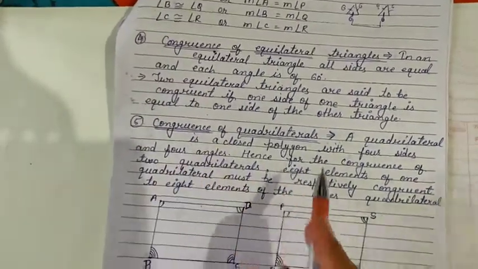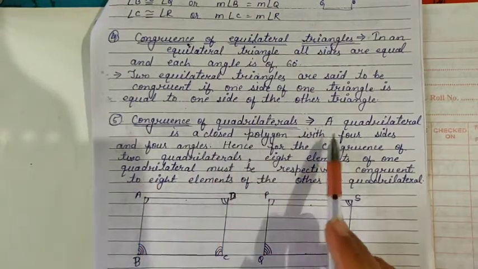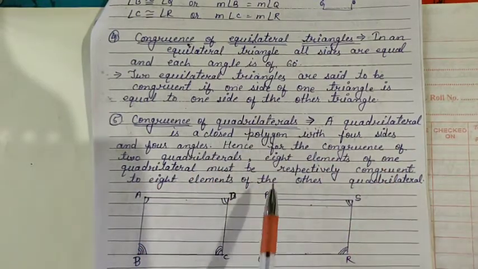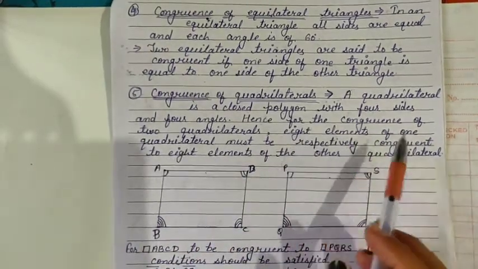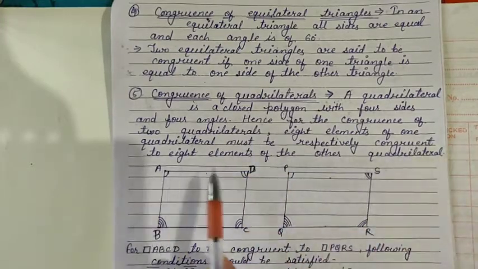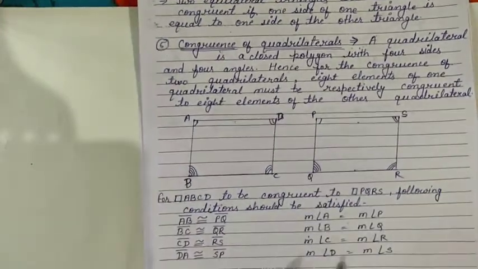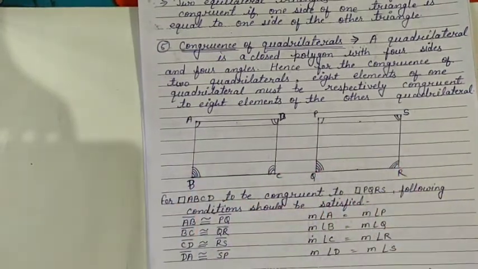Now, congruence of quadrilaterals. A quadrilateral is a closed polygon with 4 sides and 4 angles. Hence, for the congruence of two quadrilaterals, 8 elements of one quadrilateral must be respectively congruent to 8 elements of the other quadrilateral. These are two quadrilaterals ABCD and PQRS.